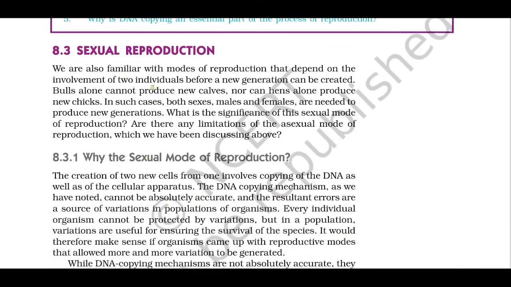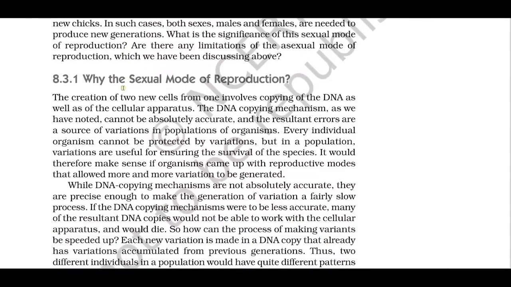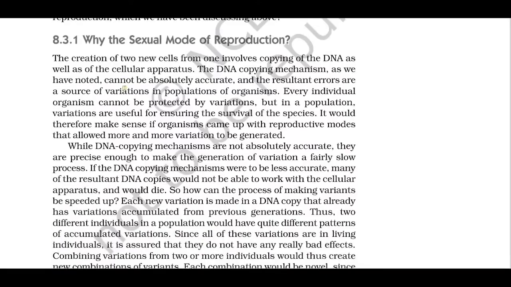Now we'll see the sexual type of reproduction. What is sexual reproduction? It is where fusion of male and female gametes is involved. So the DNA copying is not very accurate, which results in what? Variation.